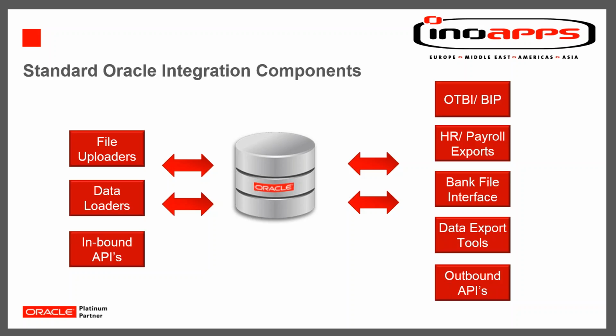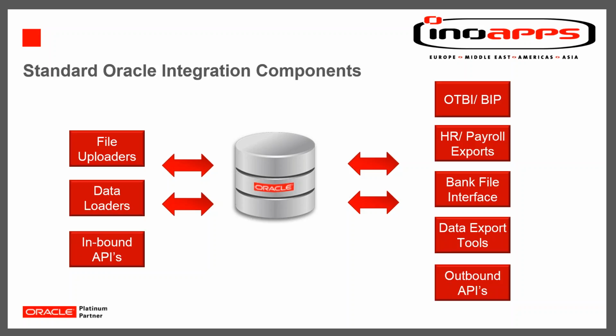So there are lots of different ways of getting data in, and likewise lots of different ways of getting data out. The reporting tools, OTBI, Oracle Transactional Business Intelligence, and BI Publisher, offer a wide range of capabilities to get data out into various formats. It's possible to use some of the standard tools to integrate with HR and payroll, things like a standard out-of-the-box ADP interface, for instance, which is one of the payroll tools of choice.